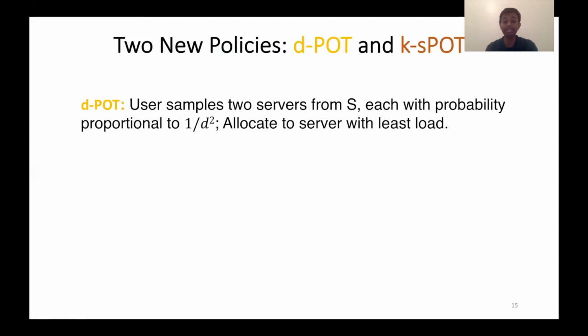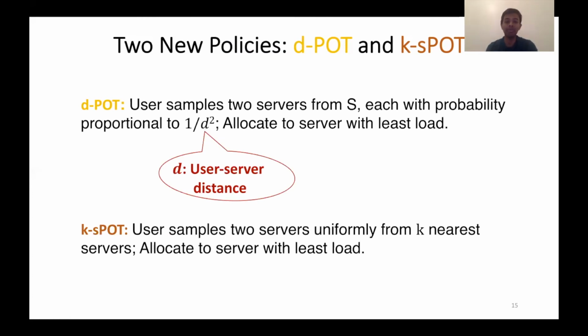dPOT is distance-based POT, in which each user has the entire server set as its candidate set, and then it samples two servers. Instead of sampling uniformly at random, it samples with a probability proportional to 1 over d squared, where d is the distance between that server and the concerned user, and then it gets allocated to the server with the least load.